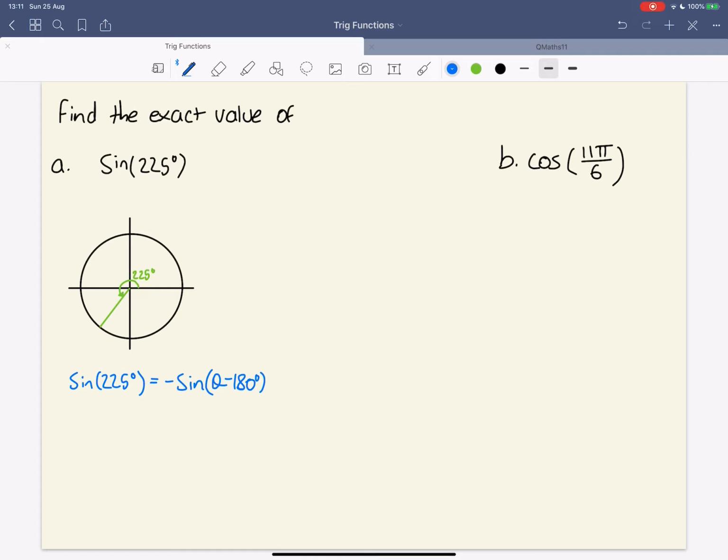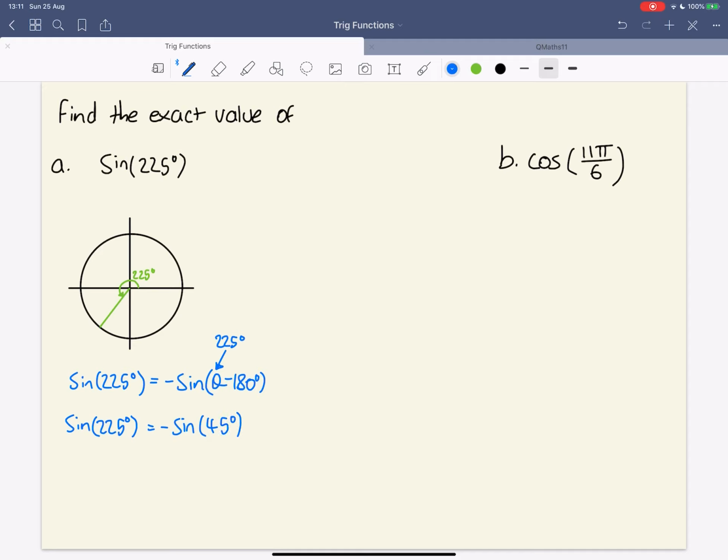Now our angle is 225, so we can replace theta with 225 because we know what it is. And now we can establish that the sine of 225 degrees is the same as the negative sine of 225 minus 180, that is 45 degrees.